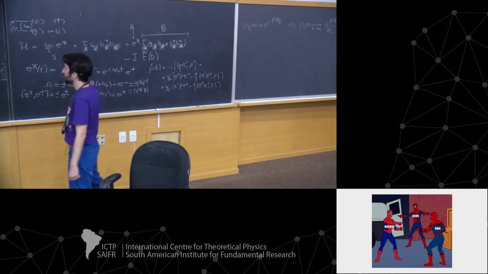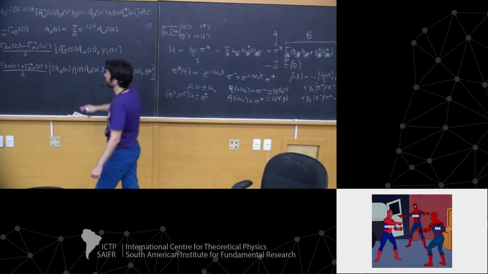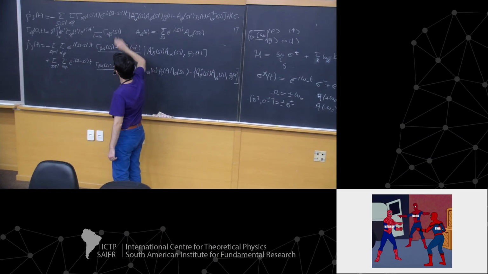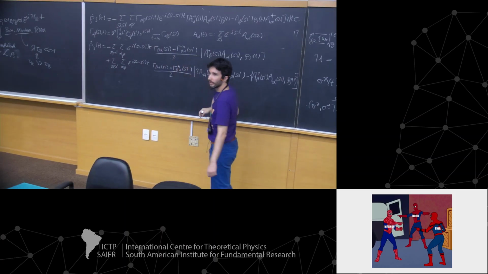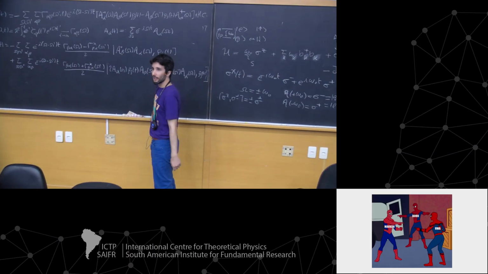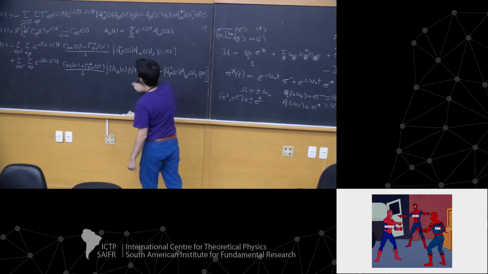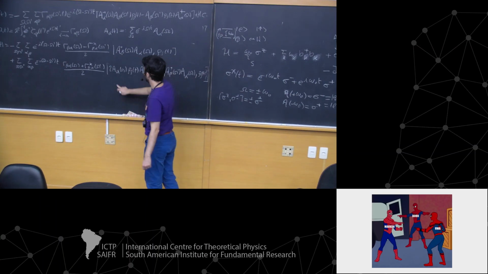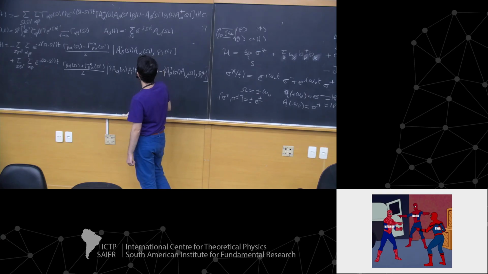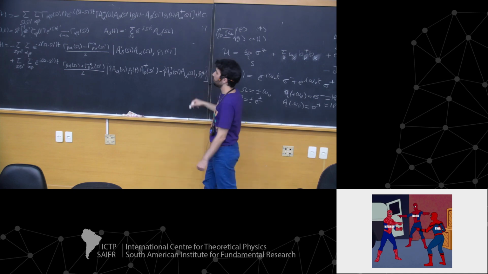So this is just a rewriting of this, which has a form which is more suggestive. So we start getting a commutator, and then there's this sandwich term. There's a dagger here, and there's the anti-commutator.